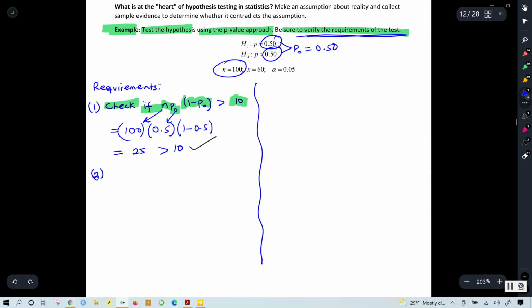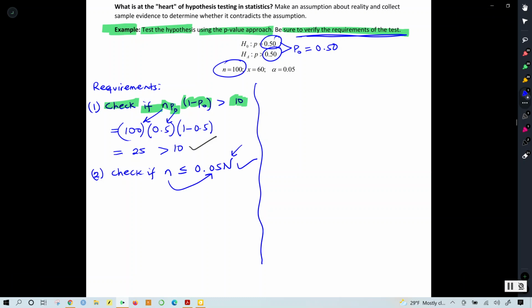The second requirement is that I should check if the sample size is at most 5% of the entire population. In this case, I don't have the entire population, so I'm going to assume that the sample size meets this condition.